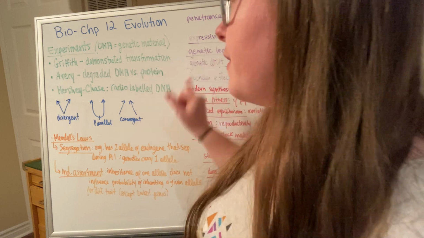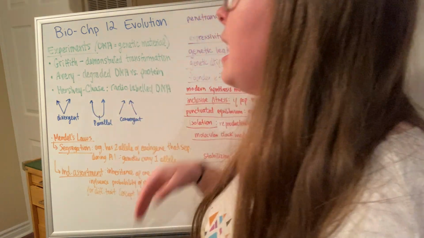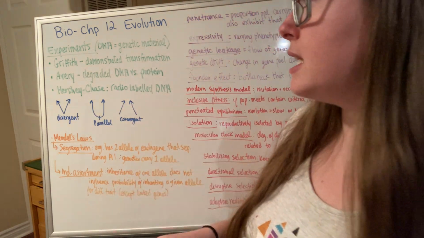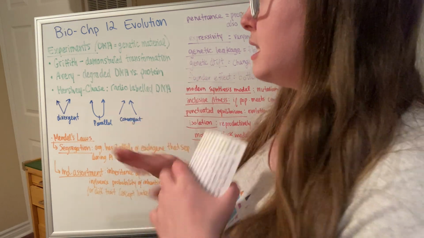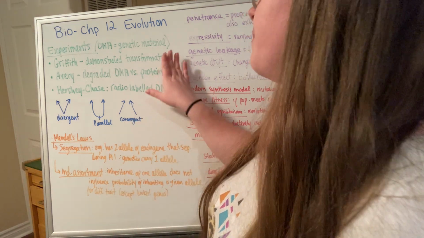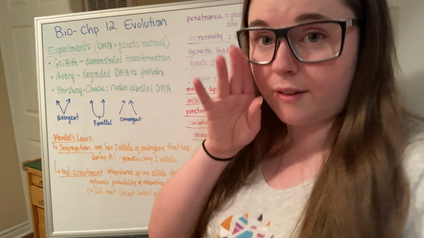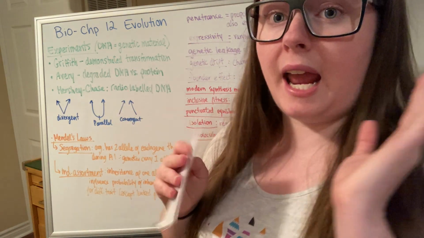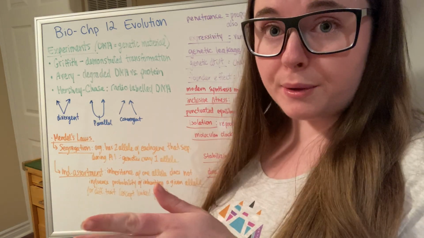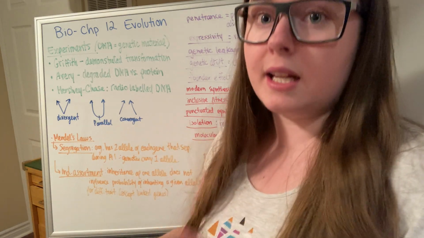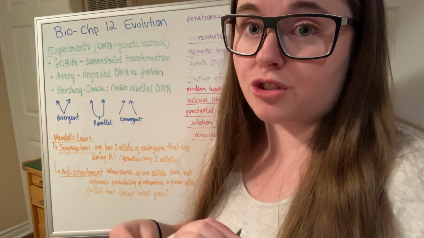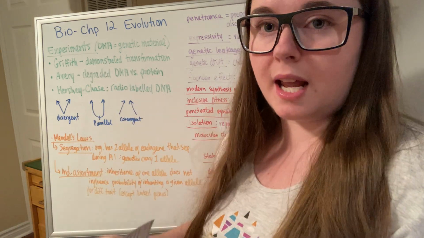So first we have Griffith's experiment. He used mice, injected different strains into these mice and basically discovered transformation. He put a virulent strain in a mouse, okay, and that mouse died. He put a non-virulent strain in the mouse, it did not die.